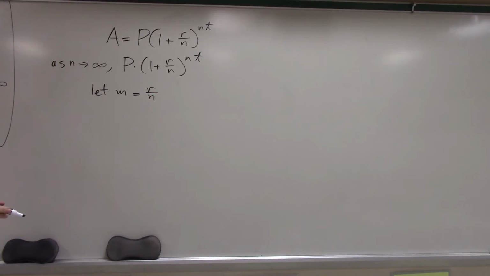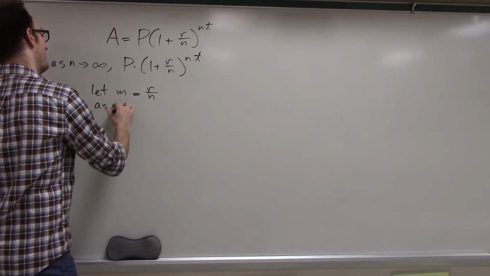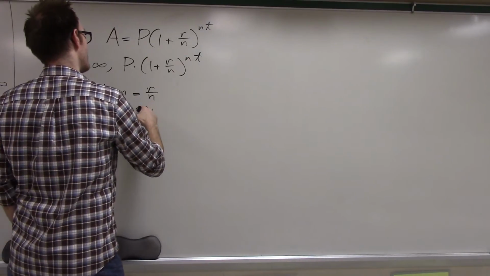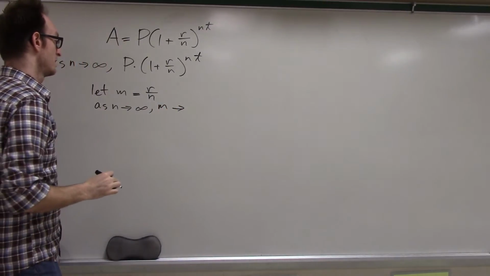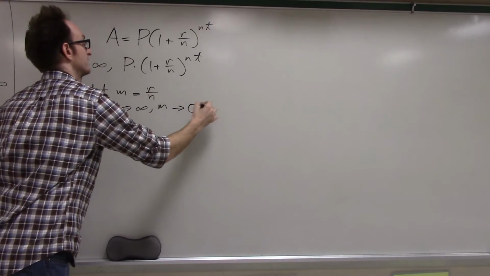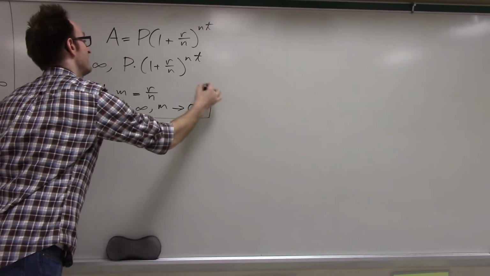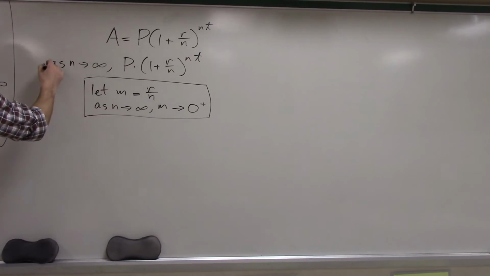Why would I do such a thing? Well, you'll see. If m is r over n, then as n goes to infinity, what happens to m? m goes to 0, 0 plus actually.